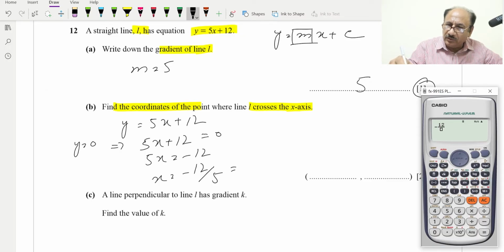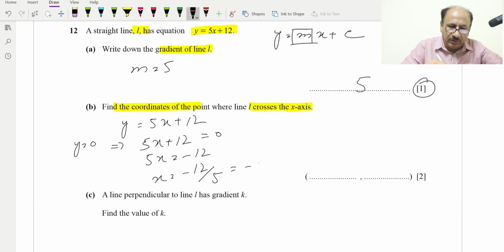Minus 12 over 5 is equal to minus 2.4, or we can write minus 12 over 5. Both are basically correct. Now for y it is 0, so the x value will be this. So we'll write here minus 12 over 5, and the y value will be 0. So this will be the coordinates of the point.